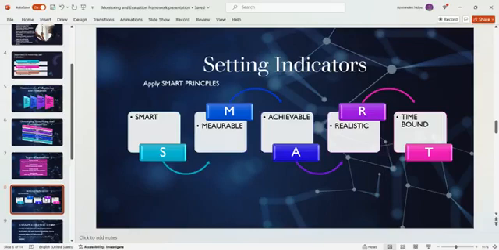It cannot be smart. It doesn't matter whether it's a performance management system, an annual performance plan, a strategy, or an implementation plan. Whatever it is, it cannot be smart if the indicators are not aligned to the goals.